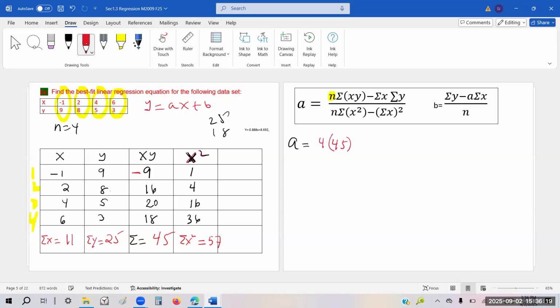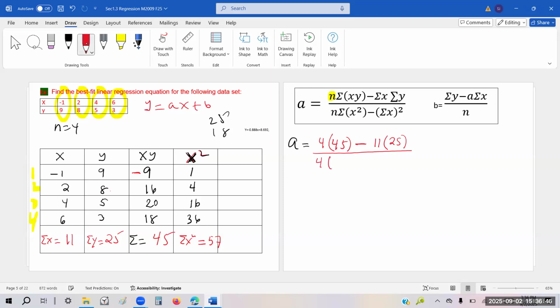45. And you're subtracting sum of x times sum of y. How much is the sum of x? And you're multiplying sum of y. 25. On the denominator, you still have your 4.